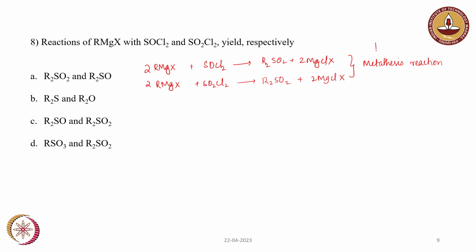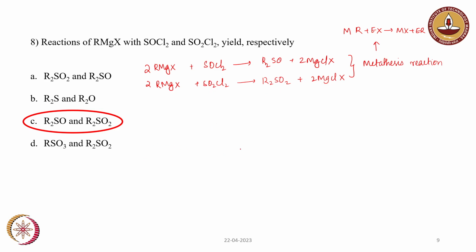So in metathesis reaction, MR plus EX gives MX plus ER. So the answer is option C. With SOCl2 it forms R2SO, and with SO2Cl2 forms R2SO2.